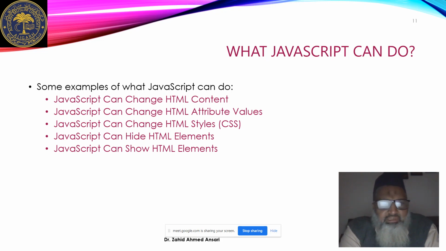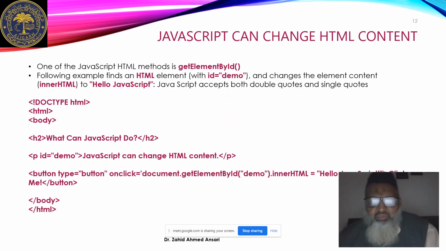All these we'll be seeing with examples. Is it clear, students? Today we'll be learning all these things using JavaScript code. So the first one, the JavaScript to change the HTML contents.